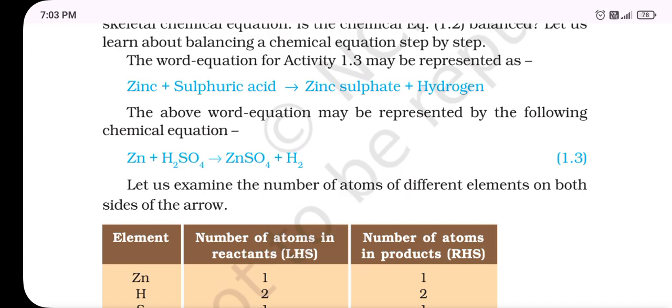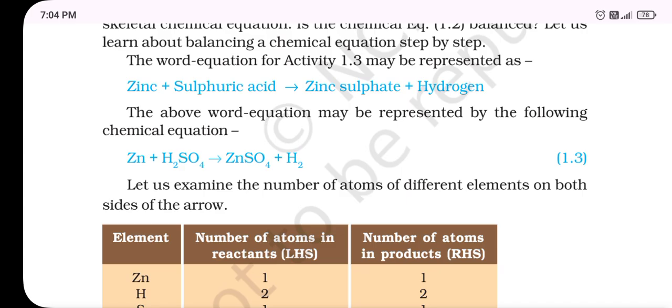That's why zinc displaces the hydrogen from sulfuric acid, and itself forms zinc sulfate, replacing the hydrogen.